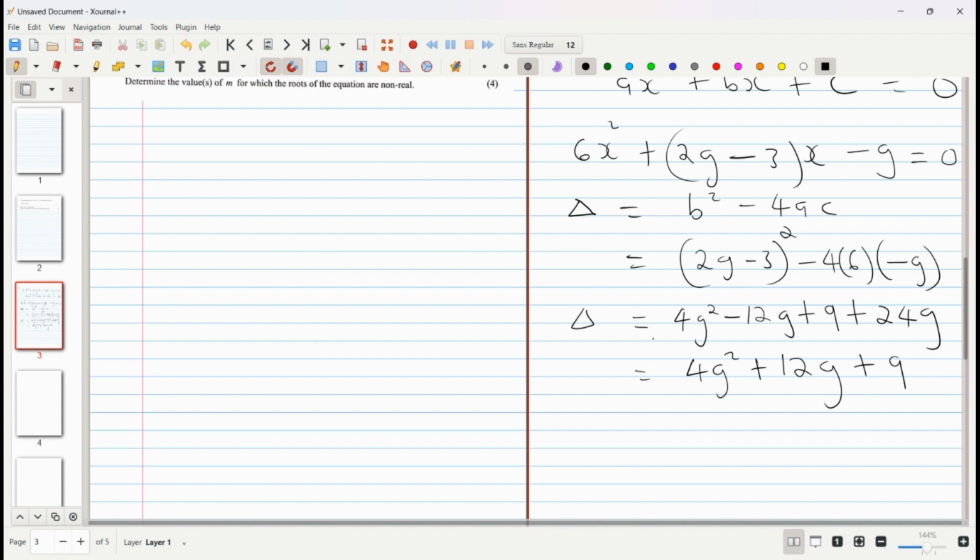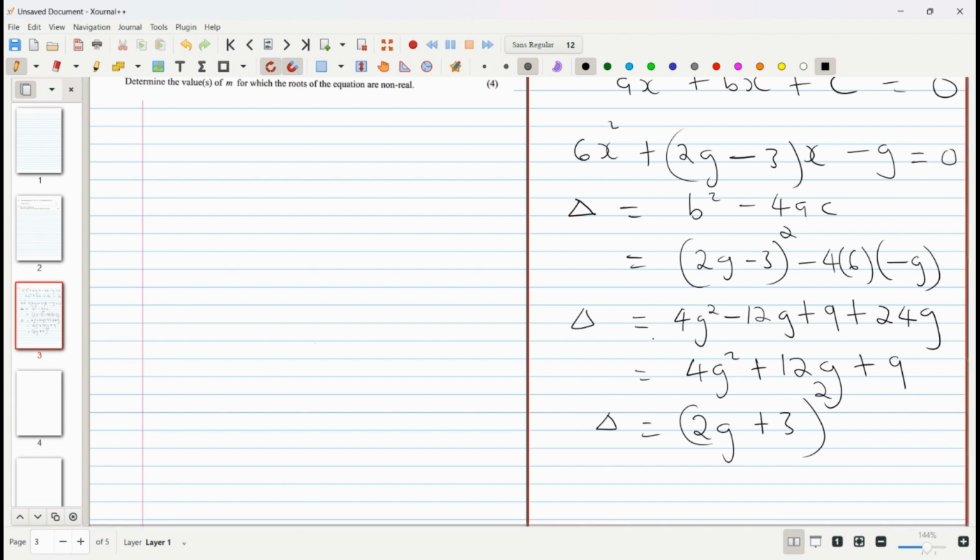Okay, so we can factorize this. When we factorize this, we get 2g plus 3 squared, right? So 2g plus 3 squared. So this is our discriminant.